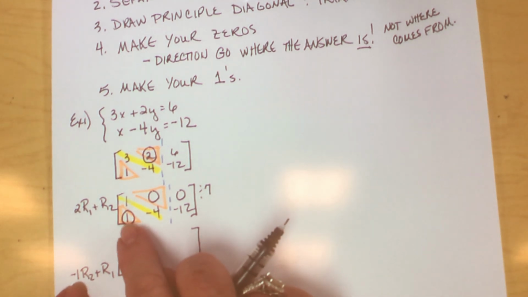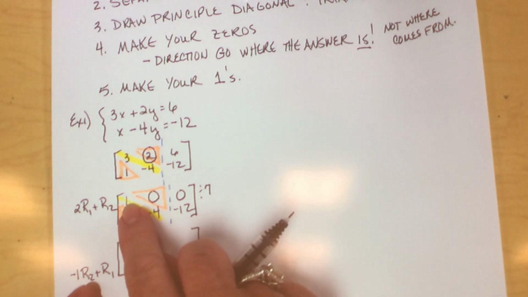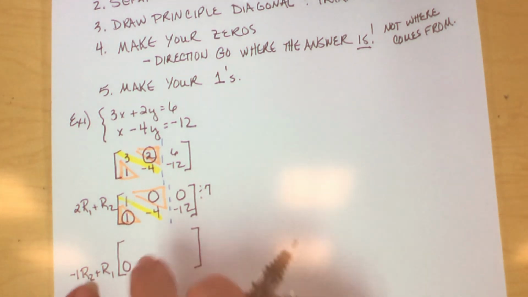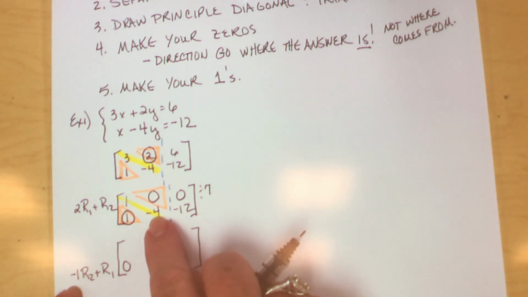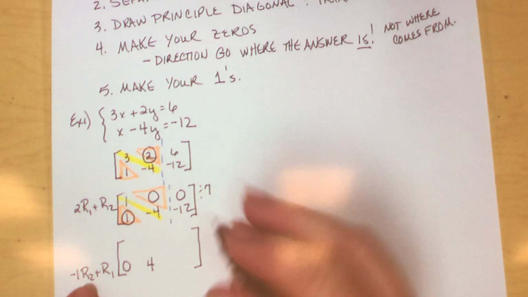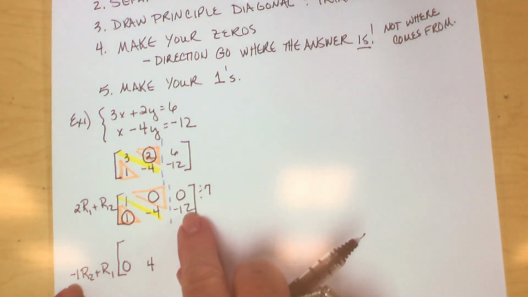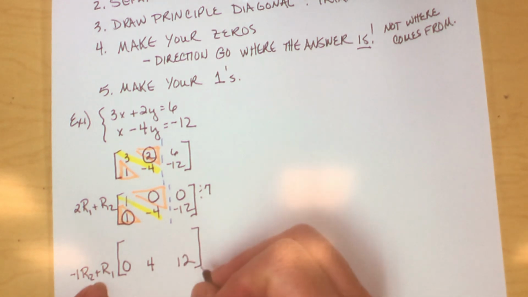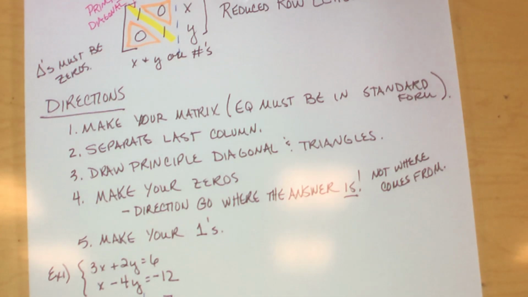Multiply. Tell me what you get. Negative 1 and 1 make 0. Boom. All right? Multiply. 4 and 0 make 4. Multiply. And tell me what you get. What do I really want here? A 1.